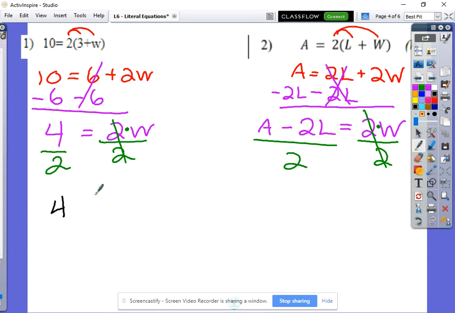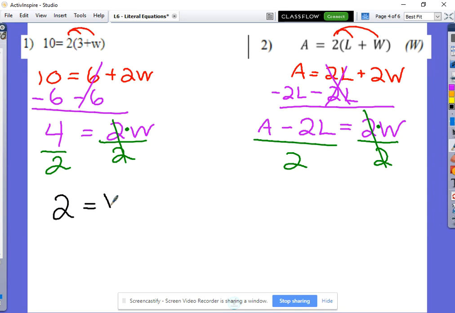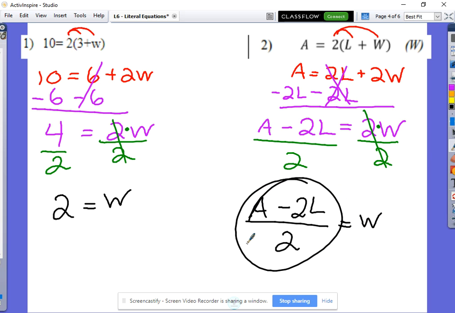Excuse me, that's not 4, that's 2. So that's what you're used to. The 4 divided by 2 equals 2. You're used to a nice clean answer like that. That's not what we're getting over here. What we're left with over here is A minus 2L all over 2. That's not as clean as what we're used to, but that's still our answer. That's what we're looking for in this particular case.